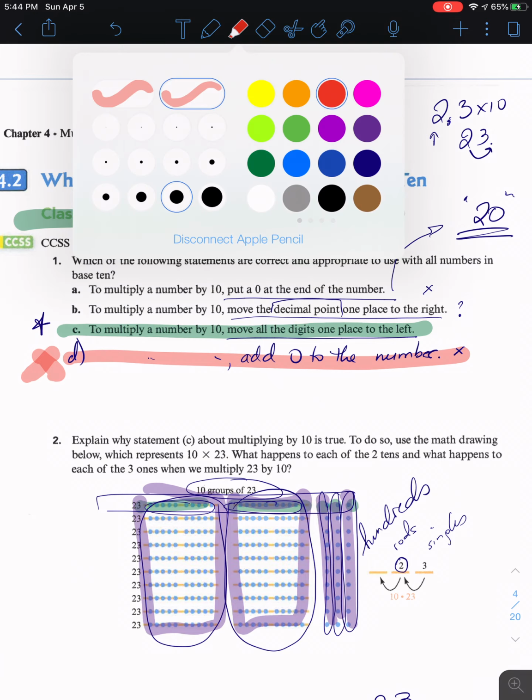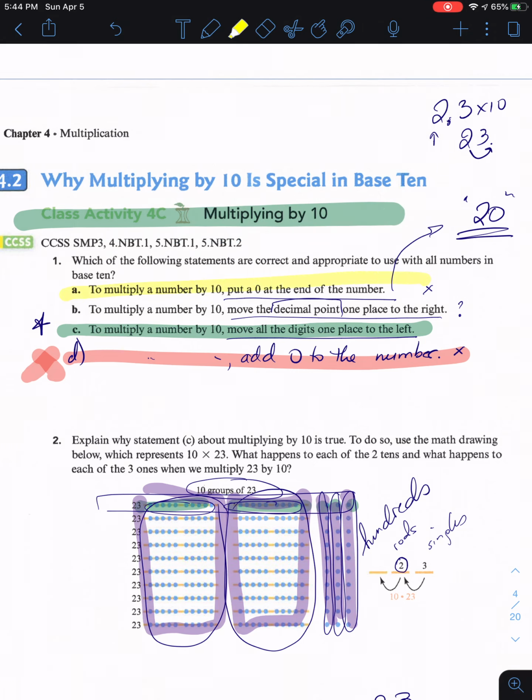And also be very careful about the rules that are true but are not meaningful. It is true that put a 0 at the end of a number, as long as it's a whole number, or move the decimal point one place to the right, as long as there is a decimal point. So both of those things are true, but they're not meaningful for the actual number and making sense of that number.